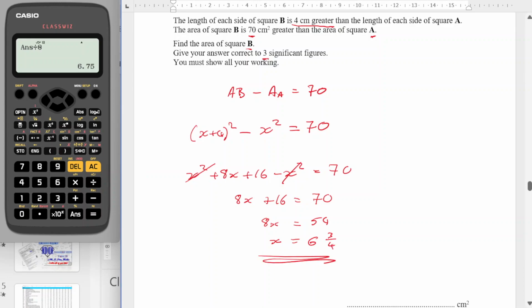We were asked to work out the area of shape B though. So the area of B is going to be equal to x plus 4 squared.